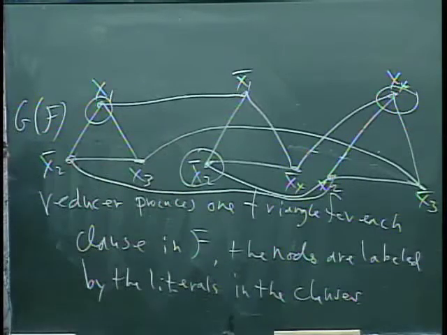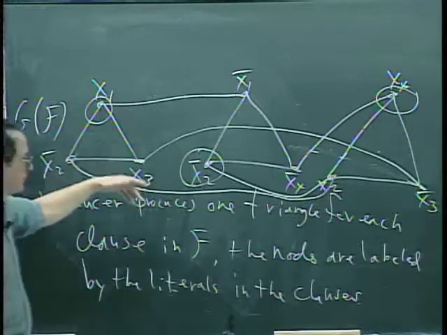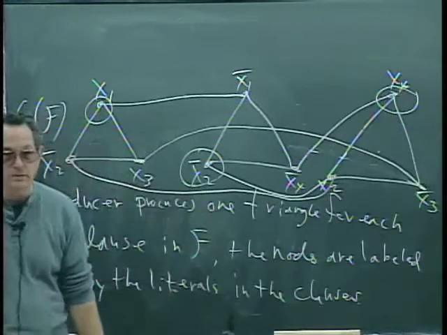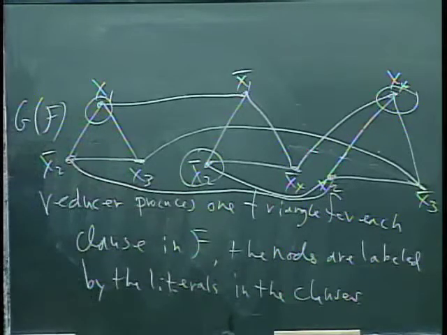Now, in the opposite direction, if you have a way of making the formula true, then we want to show that there's an independent set that is of size equal to the number of clauses. So what do we do? Take a way of making the formula true.